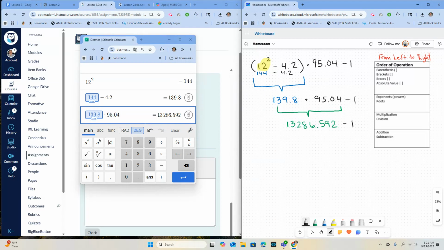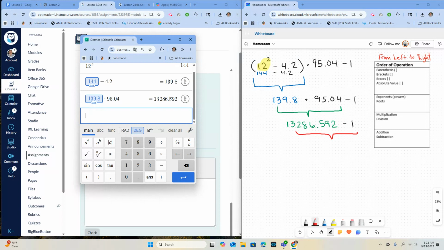There it is. And finally, what we're gonna do next is the subtraction, because that's the last thing we have left to do. So we're gonna do this subtraction here. And again, I'm gonna use my calculator. Now you can see that big number in green, still on my calculator. I'm gonna press the blue key.